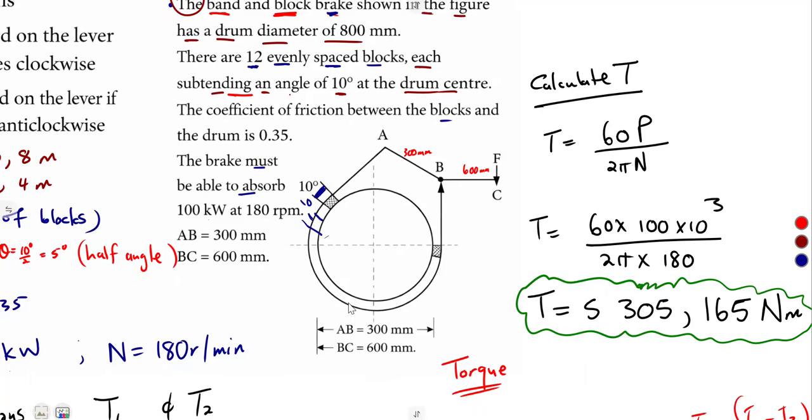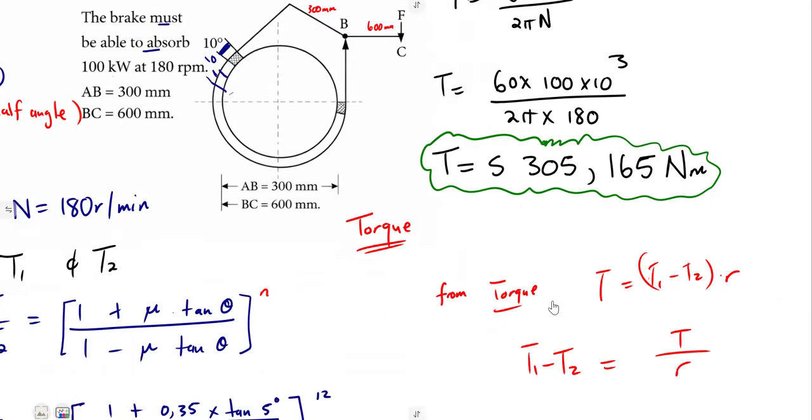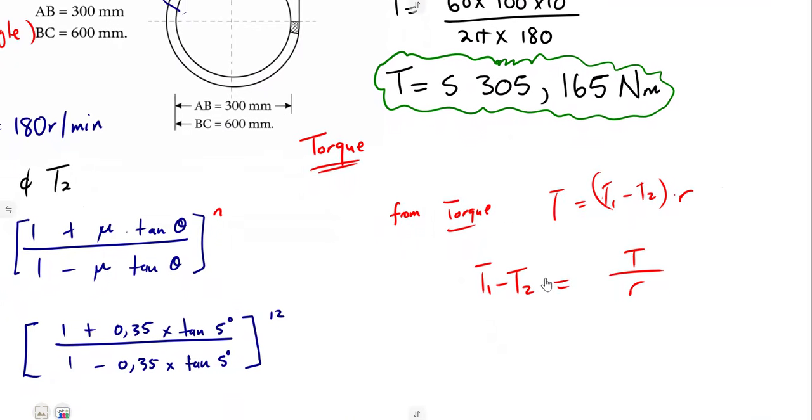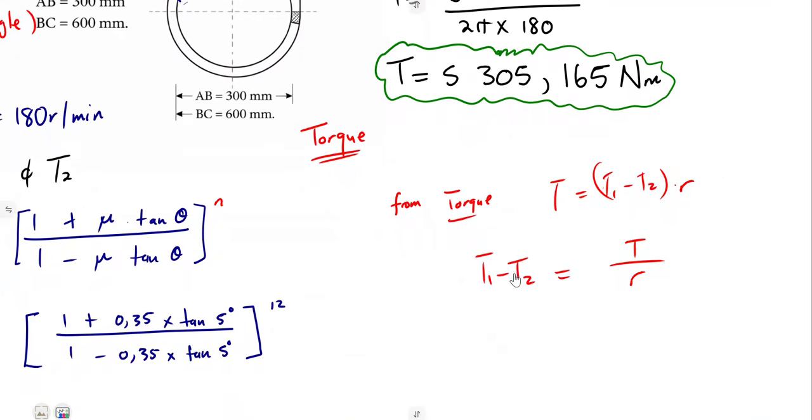So this is the torque that we have, which is going to help us to formulate an equation again for these two, T1 and T2.